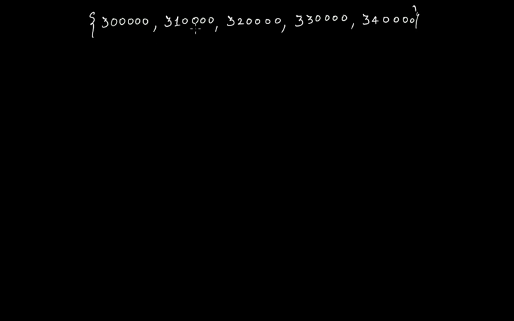So, if you are asked what the average will be, you will say that I cannot apply mode here because every value is different, and we can apply arithmetic mean to calculate the average because the salary varies between 3 lakh and 3 lakh 40,000. So you will calculate the arithmetic mean: 3 lakh plus 3 lakh 10,000 plus 3 lakh 20,000 plus 3 lakh 30,000 plus 3 lakh 40,000.